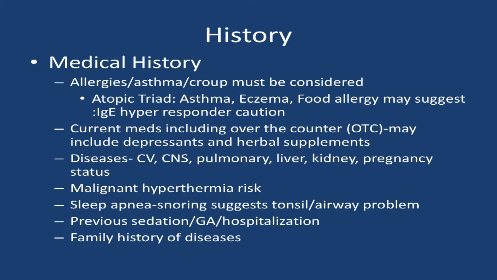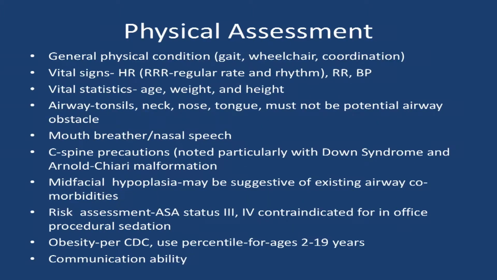Diseases: cardiovascular, central nervous system, pulmonary, liver, kidney, pregnancy status, malignant hyperthermia risk, sleep apnea, snoring, suggest tonsils or airway problem, previous sedation, general anesthesia, hospitalization, and family history of diseases.